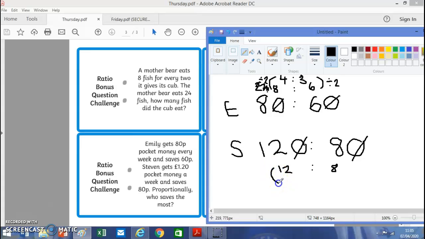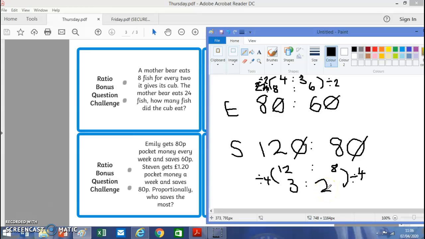So 12 divided by 4 would be 3. And 8 divided by 4 is, yep, it's 2. So this is saying that for Stephen, every 3 pence he has, he saves 2.